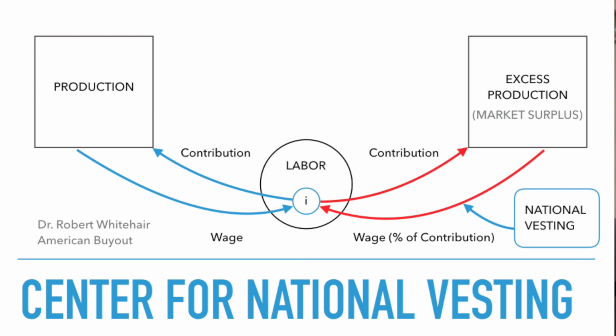Now, this second paycheck is represented by the distribution of market surplus, also known as excess production, back to the workers. Now, it's extremely important to note that the distribution of market surplus is not equivalent to the redistribution of wealth. Distribution of market surplus is not based on transferring value from one group and giving it to another.